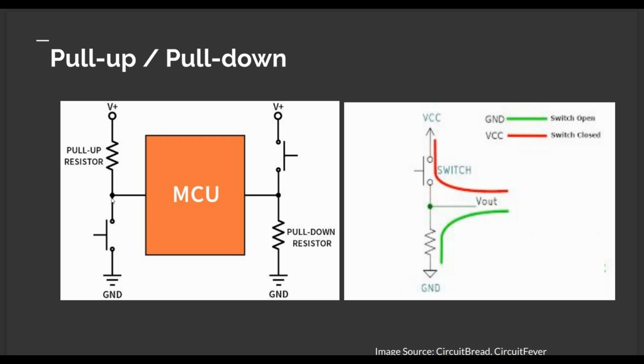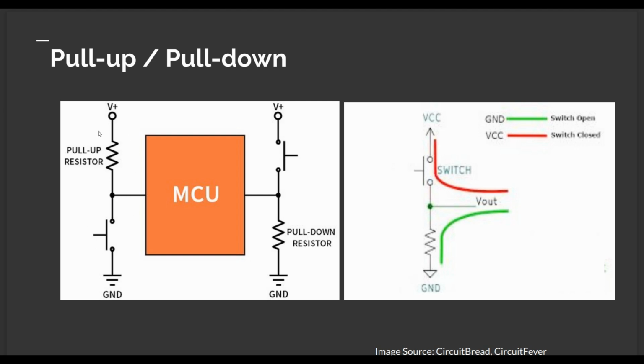As we saw in open drain condition, when the output status is 1, it is in floating state. So when a GPIO is in floating state and we want a definite state, based on the requirement we add a pull up or pull down resistor.